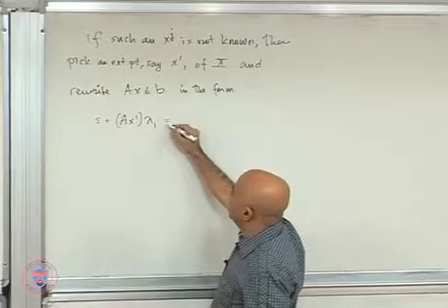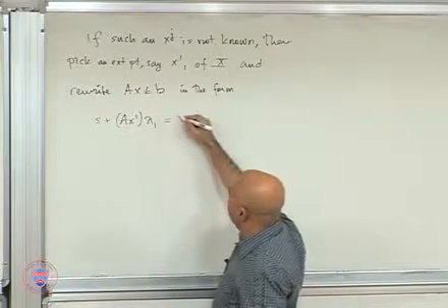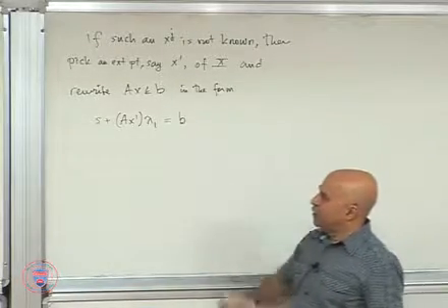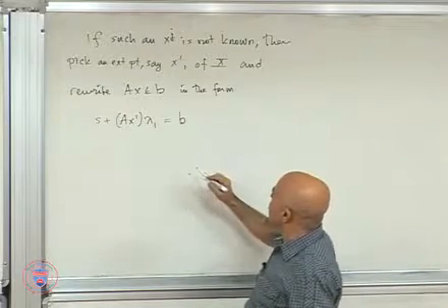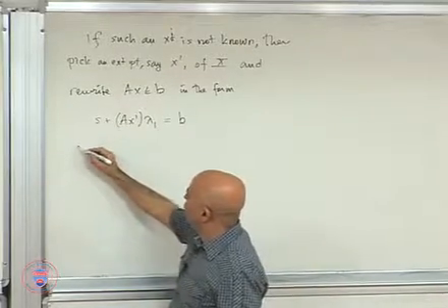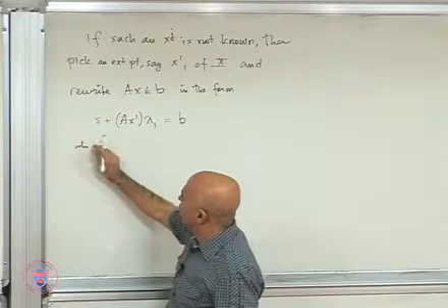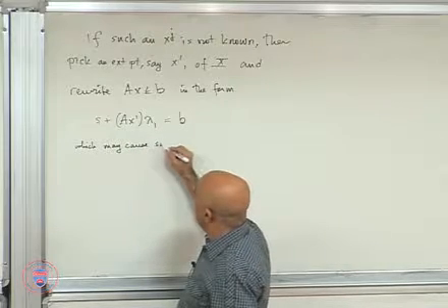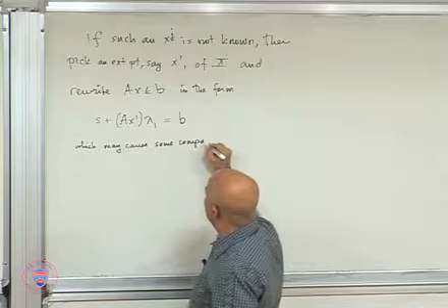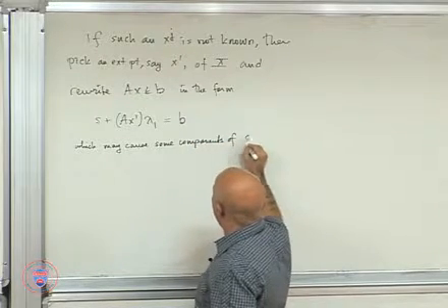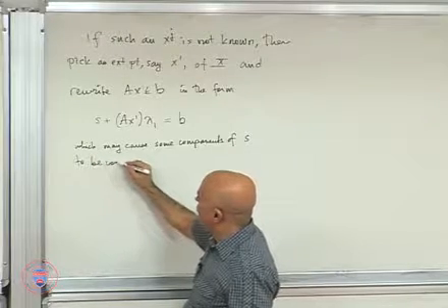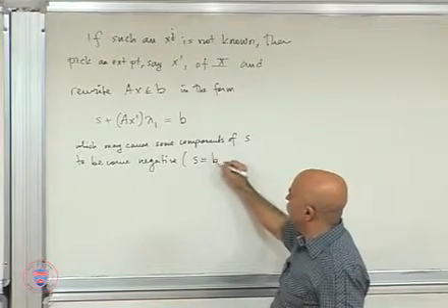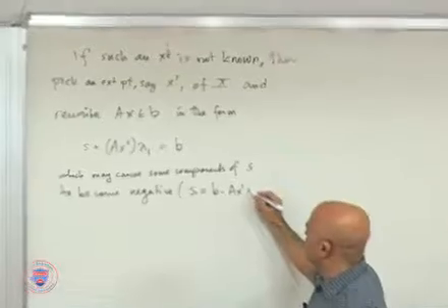In that case, what you do is you write your constraints in this form, except that it will not work. Okay? So this satisfies the first part of the constraints, which may cause some components of S to become negative, since S is, by definition, B minus AX1 times lambda 1.